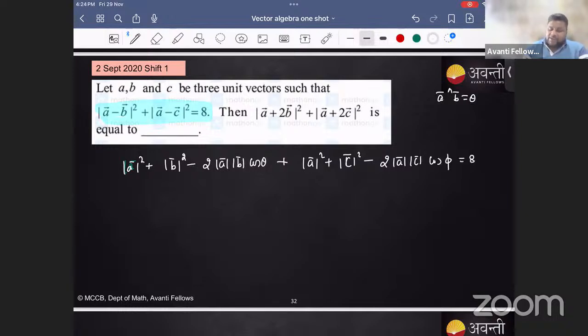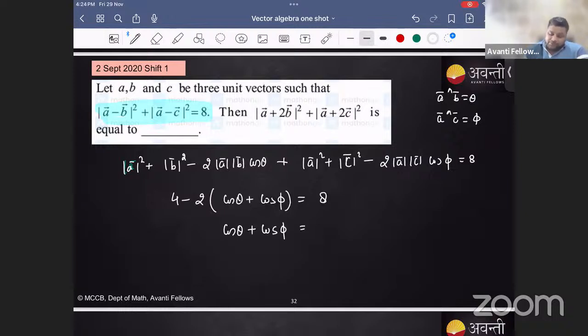This is given as 8. And let us assume the angle between A and C is phi. So from this, A, B and C are all unit vectors. So 4 minus 2 times cos theta plus cos phi is 8. So cos theta plus cos phi is 8 minus 4, 4 by 2, which will be minus 2.